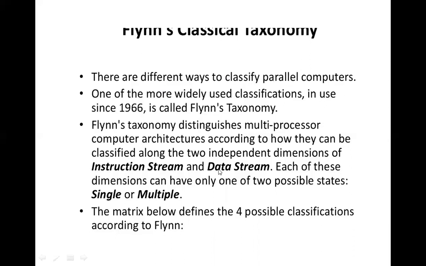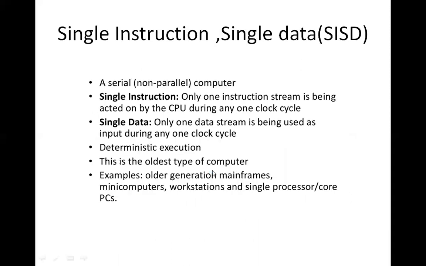Each of these dimensions can have only two possible states. The instruction stream is classified as single or multiple, and the data stream is also classified as single or multiple. These possibilities only are there. So now we are going to see there are four possible classifications according to Flynn with these two parameters, instruction stream and data stream.